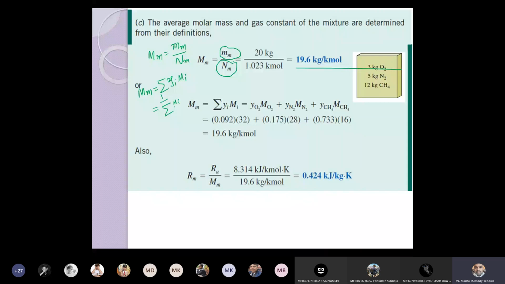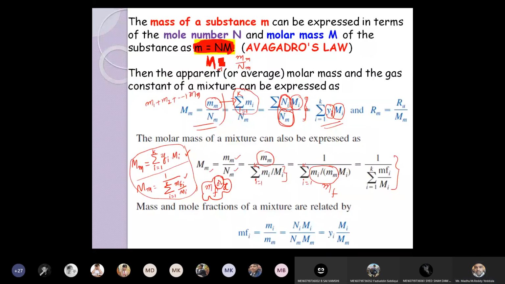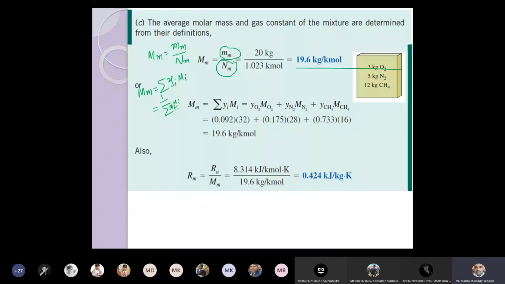Mfi by Mi. In terms of mass fraction, 1 divided by summation mfi by Mi.